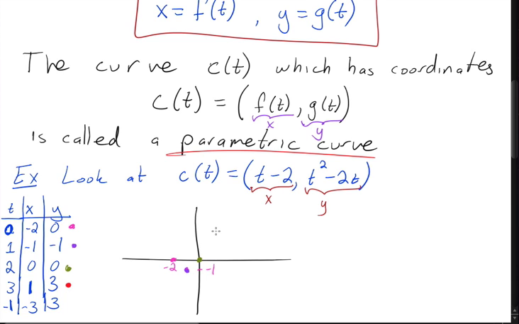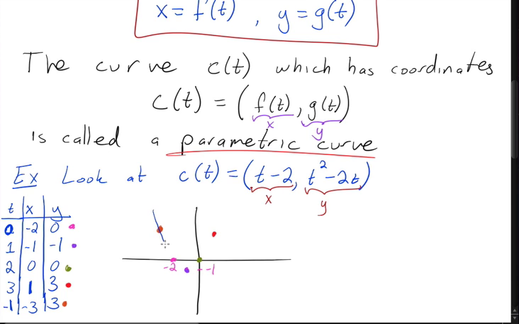And the one we picked before, when t is negative 1, x is negative 3, y is 3, so negative 3, up 3. What does that look like? Yeah, it kind of looks like a parabola, right? If we connect the dots, we get a parabola.